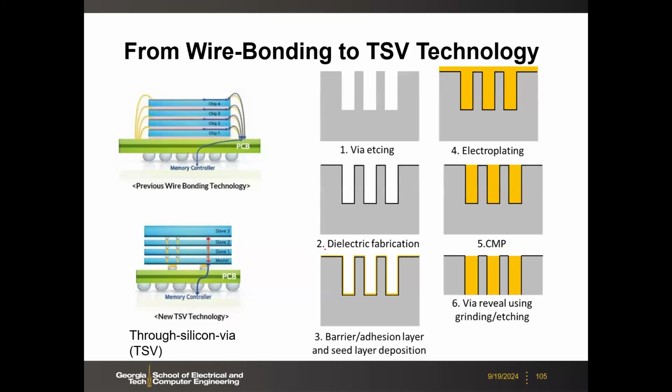So before we talk about the HBM, we have to talk about some packaging technology. Here from wire bonding to TSV, okay? If you stack the chips and have no other choice, the very naive way is you have those pads here and then you do the wire bonding.